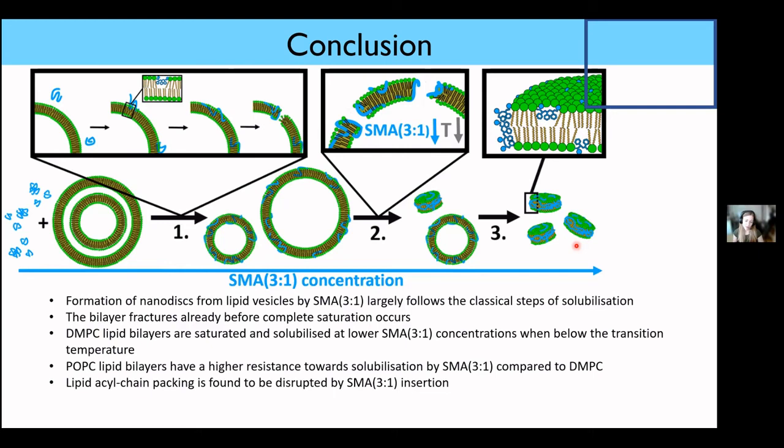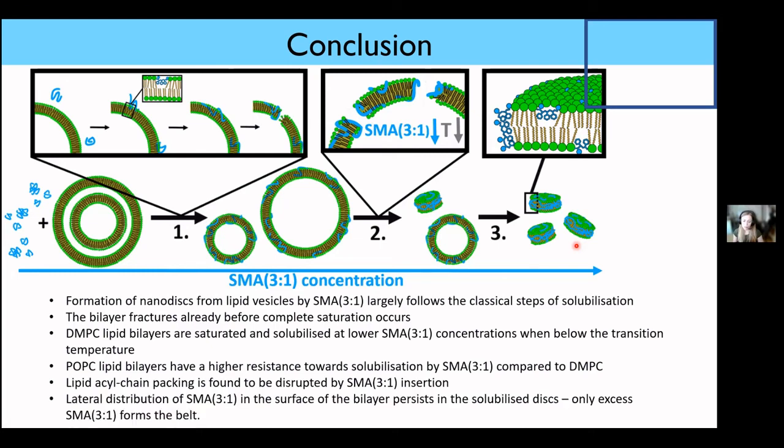We found that the lipid acyl chain packing is disrupted by the SMA 3-1 insertion, as indicated by the increase in the volume of the lipid tails, and also that this lateral distribution of SMA on the surface of the bilayer persists in the solubilized discs as well, so that it's the excess SMA that actually goes on to form this belt structure around the discs.